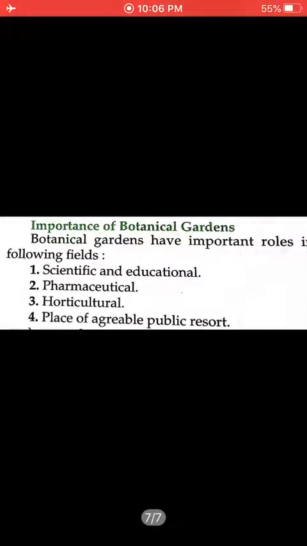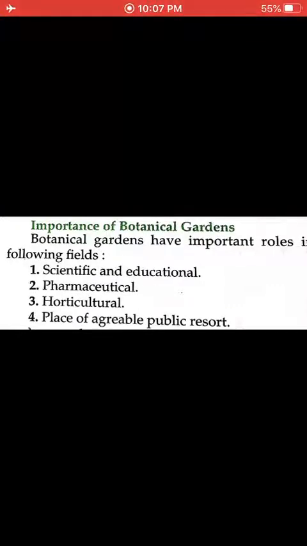From an education point of view, students or scholars go and visit and they can see what those species look like, what their benefits are, how they grow, how they balance the ecosystem. Pharmaceutically, a lot of medicines can be prepared from the plants. Those medicines are of great use, and we can work out how to increase the plants' capacity to produce more medicines.